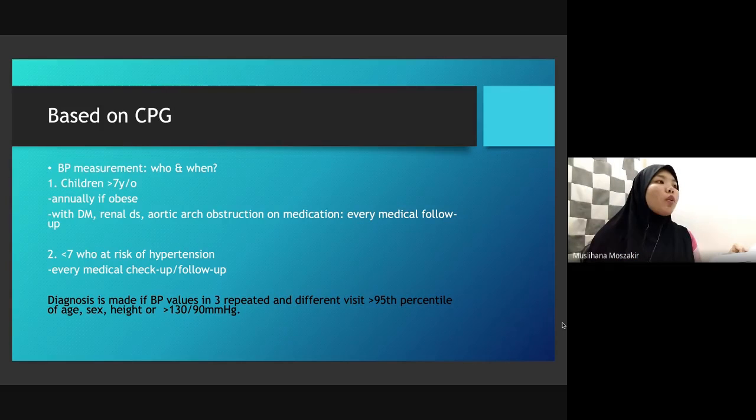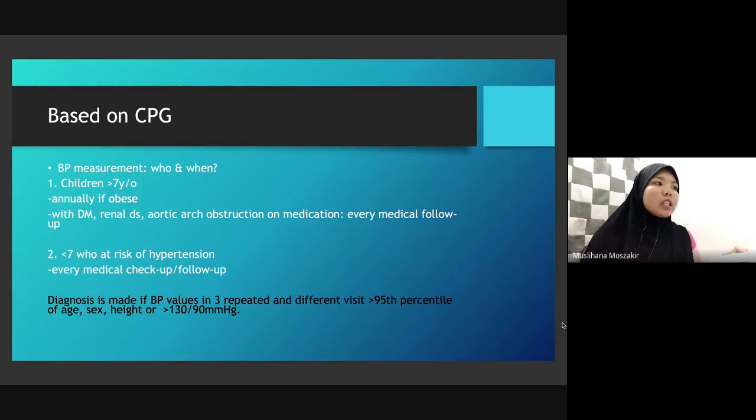For children less than 7 years old but at risk of hypertension, they will have a BP reading at every medical checkup or follow-up.